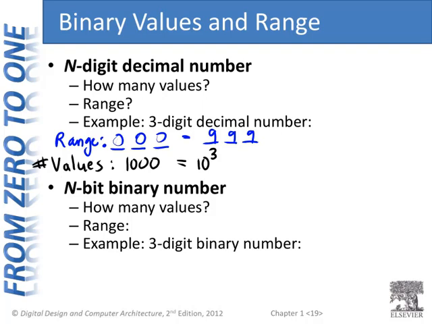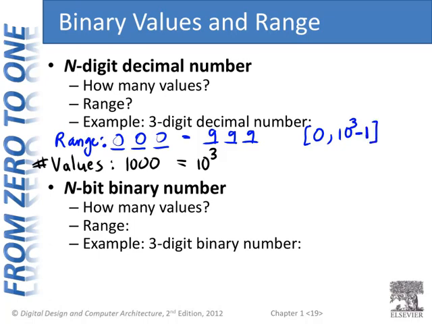With a 3-digit decimal number, we can represent 10 to the 3 different values, or 1,000 different values, 0 to 999. And the range, if you want to write it in terms of this 3-digit decimal number, is 0 to 10 to the 3, well, it's not 1,000, it's close, 10 to the 3 minus 1.